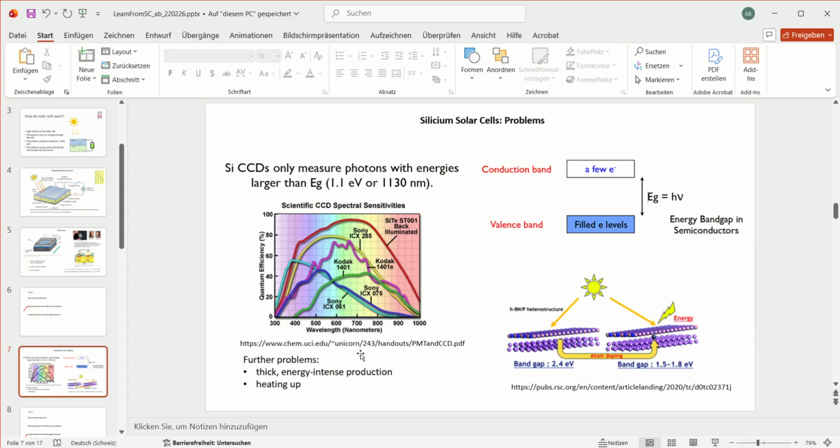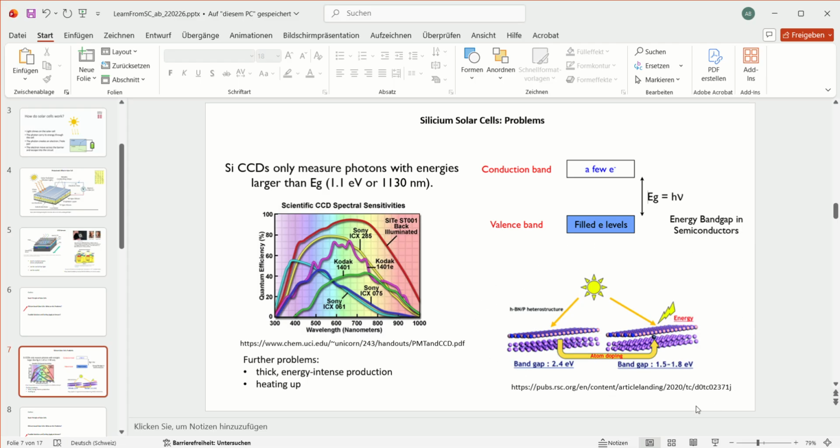That's one problem. The other problem is that if the photon is too energetic, the electron will jump and be used, but it's rushing through the lattice, and it has to be slowed down, which means it gives off heat. And this is a problem for both solar cells and photographic sensors.